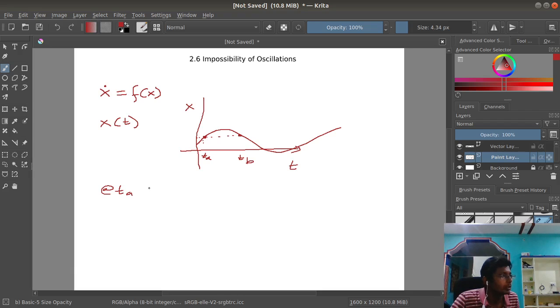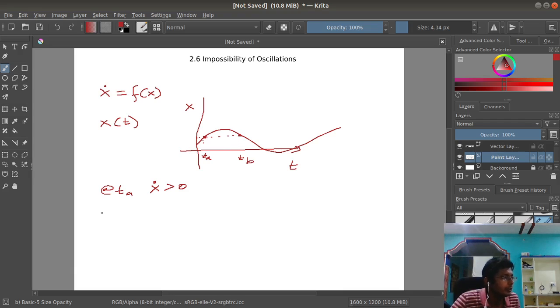At ta, what is x dot? So x dot is nothing but dx by dt, which is the slope of this curve at this particular point, right? Which means at t is equal to ta, the slope is positive. So that's all I need. The slope is positive. What about at tb?